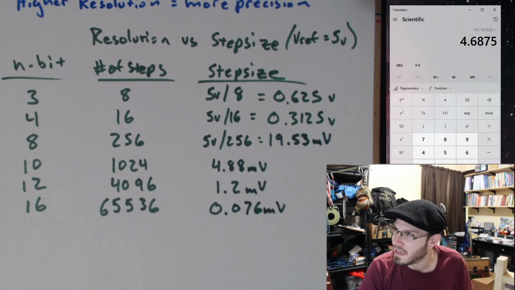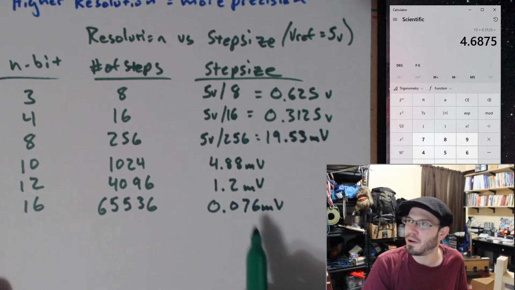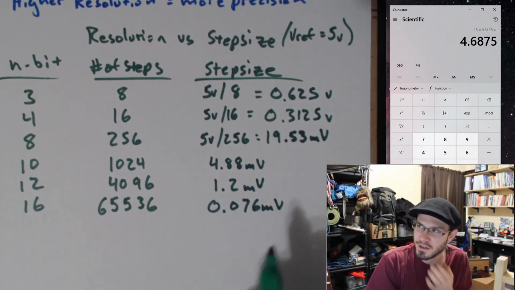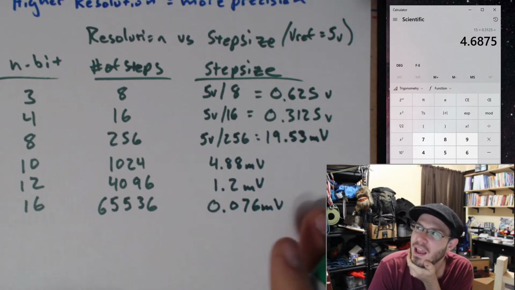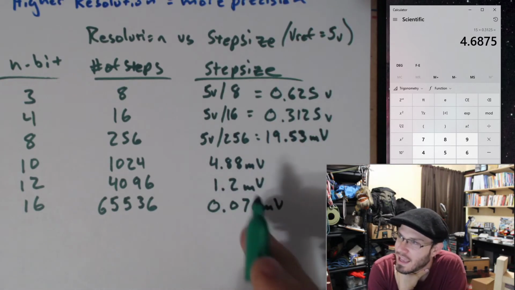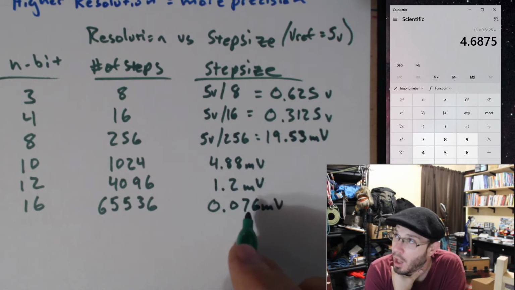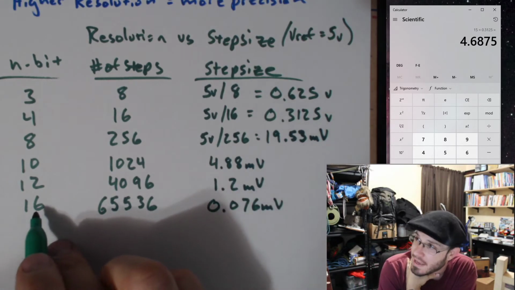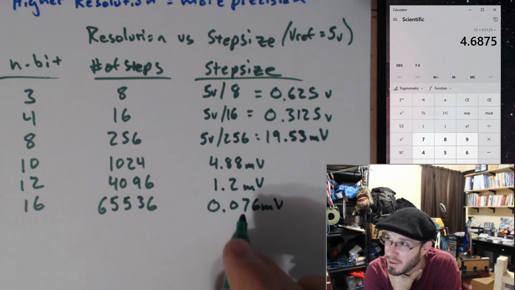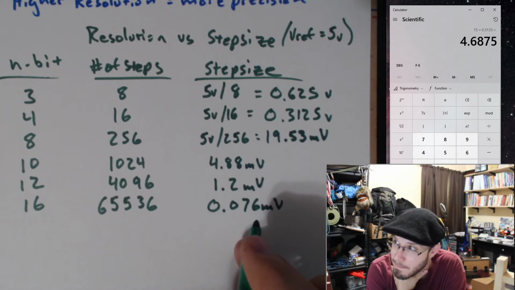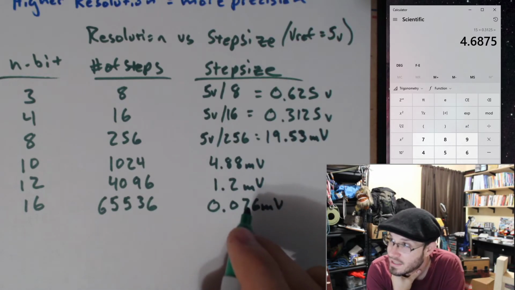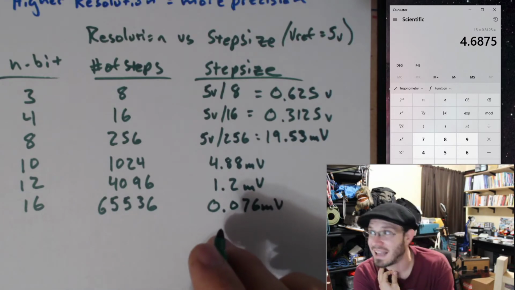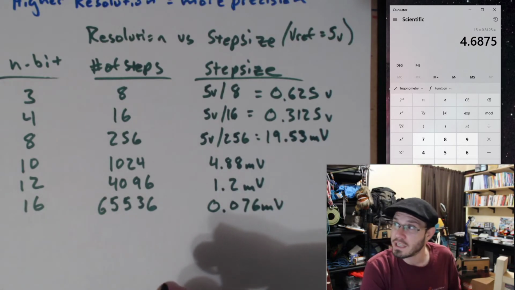You start running into issues where your components and their tolerances start to create problems for you. But nevertheless, the smallest change on the range of 0 to 5 volts with a 16-bit digital to analog converter is 0.076 millivolts, or 76 microvolts. That's a very small voltage change.